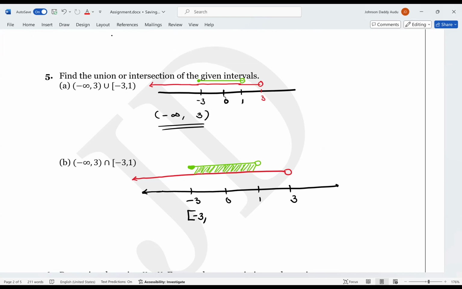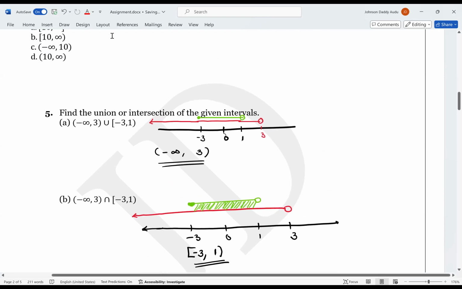But when we get to 1, you see 1 is included in the red but not included in the green, right? Since you are dealing with intersection, then it means we cannot take 1. So 1 has to be what? Open. Why? Because the green is open at 1, but the red is closed at 1. So if you are looking for intersection, you have open and closed, then you have to take open. But if it is union, then you have to take the closed. So this is from -3 to 1.